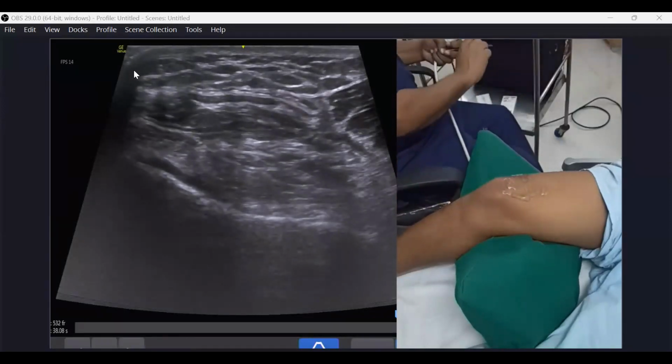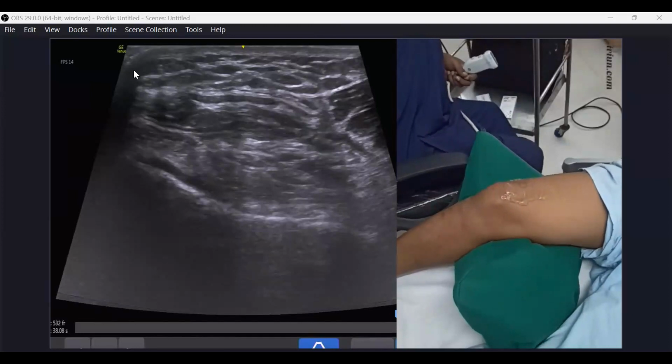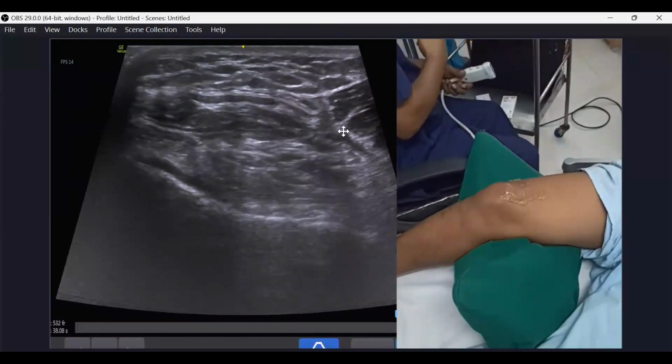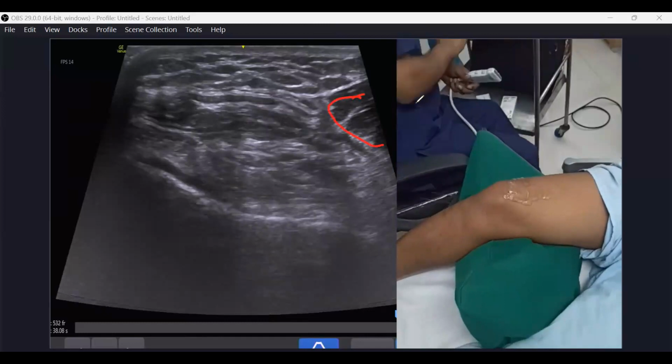So what can we see here? Okay, this is your vastus medialis.